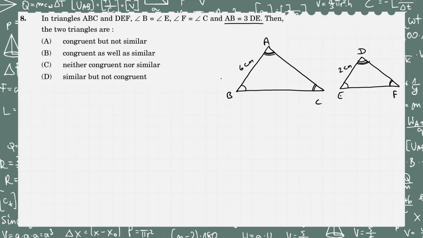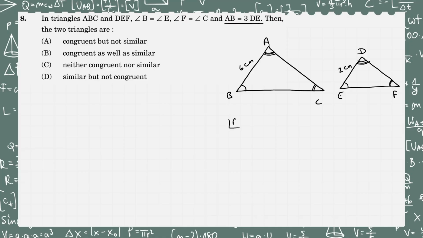So, both the triangles have all angles equal to each other. What is given here? B angle and E angle are equal. F and C angles are equal. When we apply angle sum property for the triangle ABC, whatever we find the value for angle A will be the same for angle D also, right?